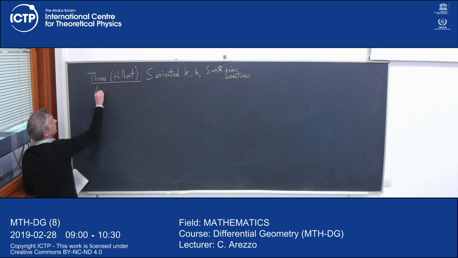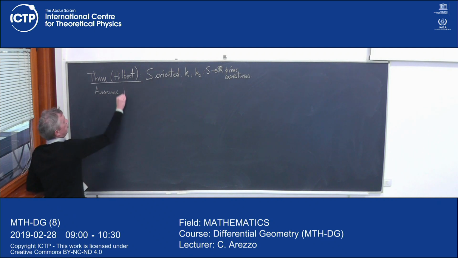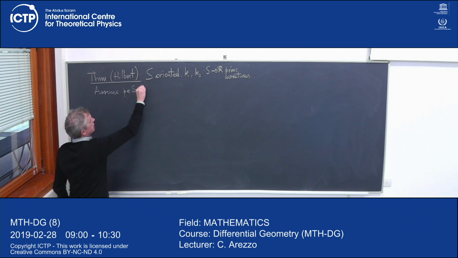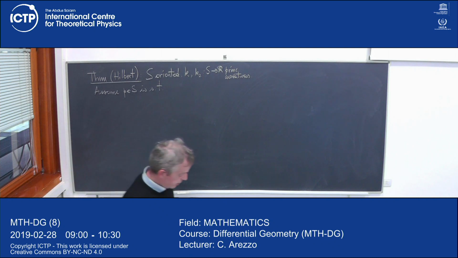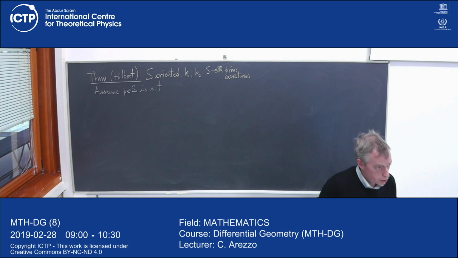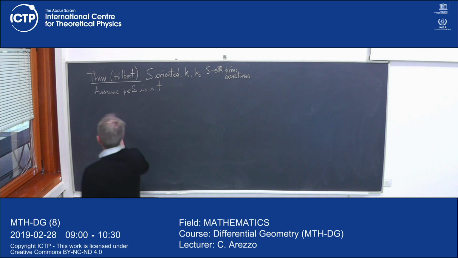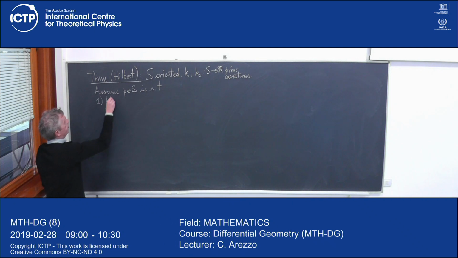Assume that there exists a point P in S on the surface which satisfies the following three conditions. One, K of P is positive.